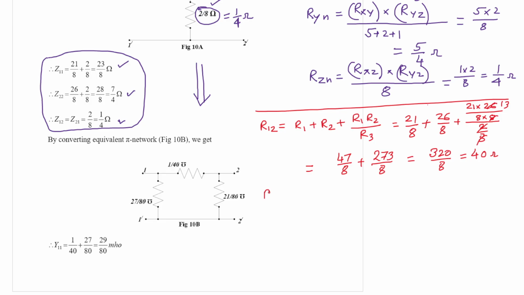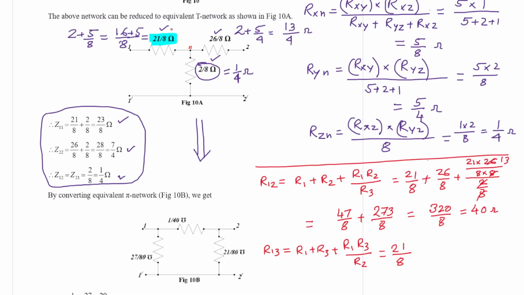Now next is R13. The R13 relation is R1 plus R3 plus R1 R3 by R2. So what is R1? R1 is equal to 21 by 8. What is R3? R3 is equal to 2 by 8, plus 21 by 8 into 2 by 8 by, what is R2?